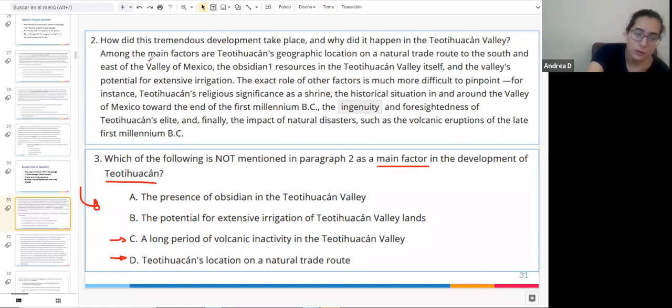Right now I'm looking at some keywords here, main factors. So how did this tremendous development take place and why did it happen in the Teotihuacan Valley? Among the main factors are, and as you can see, guys, you have a list of things there. So you have a list of different elements like Teotihuacan's geographic location, or natural trade route, and the obsidian resources, and so on.